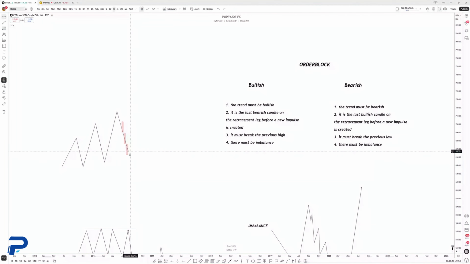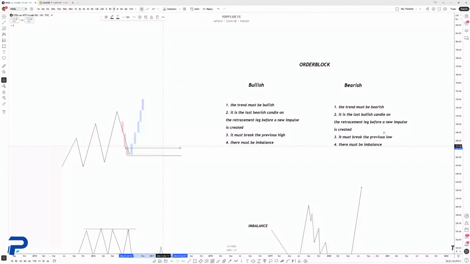If I have this as a pullback, the last bearish candle on that leg before the market decides to continue being bullish and go higher, creates a new impulse, a new move that will go ahead. The new impulse must break the previous high. Take note. So the last bearish candle here is the definition we have given to our order block.